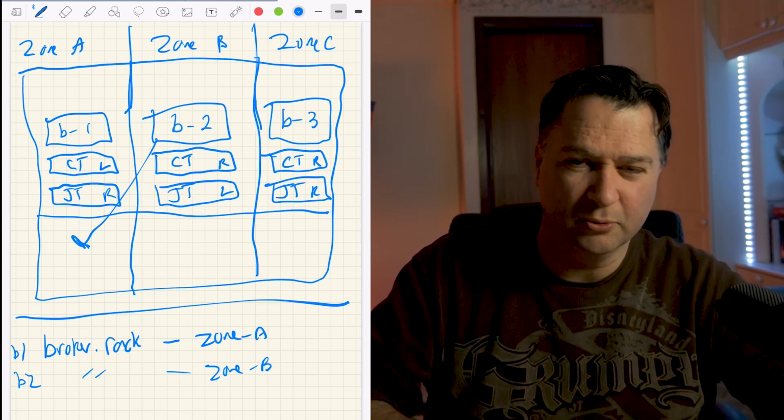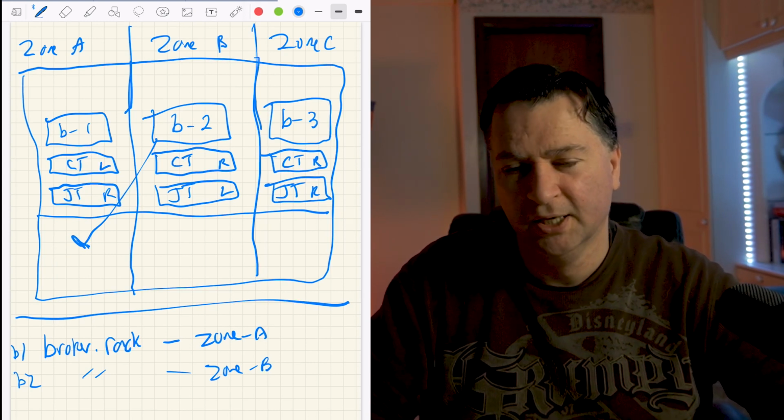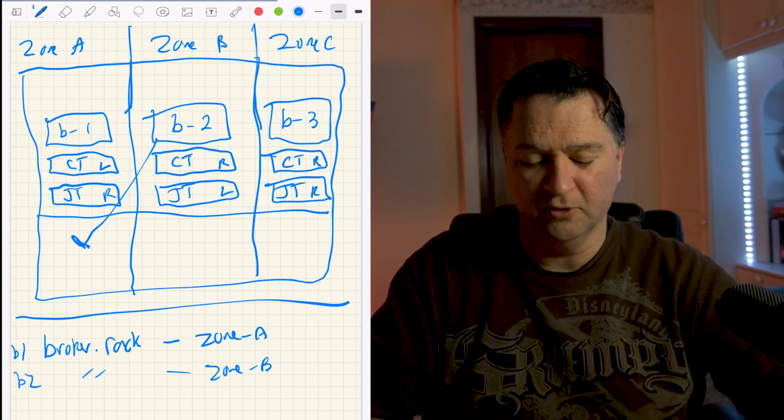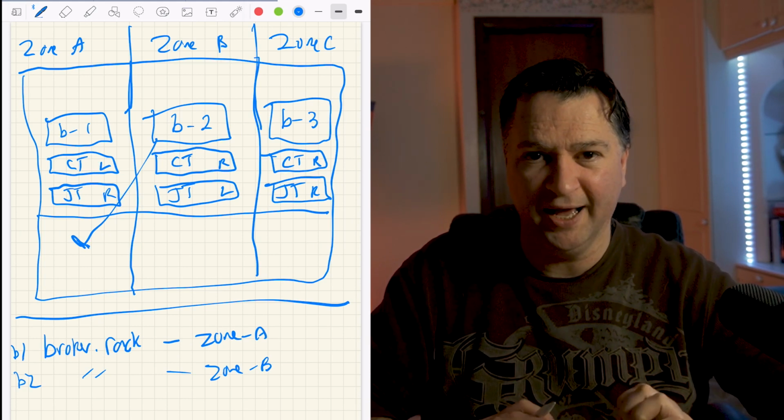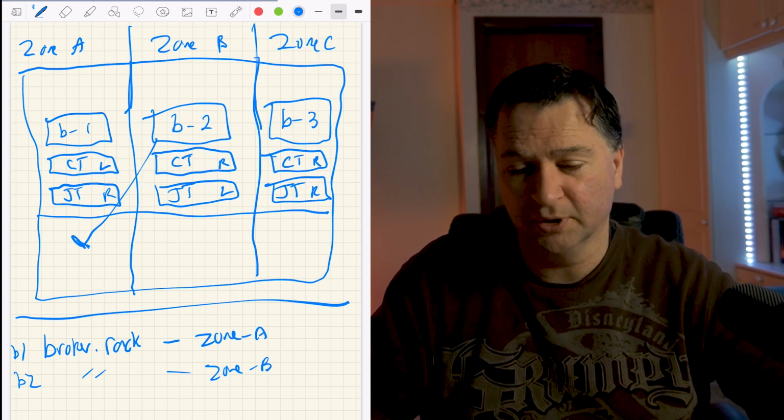So there's a whole set of things that you can do around that, but it's quite complicated and probably well outside of the scope of what we're doing here. Okay, so that is rack awareness within Kafka, and I think it's a really cool thing.